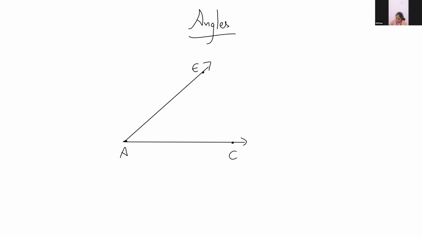If I put one more point here and name it D, and one more point here and name it B. Now my question for you is: write all possible names of the angle. Ma'am, there are so many. Yes, so many possible names.